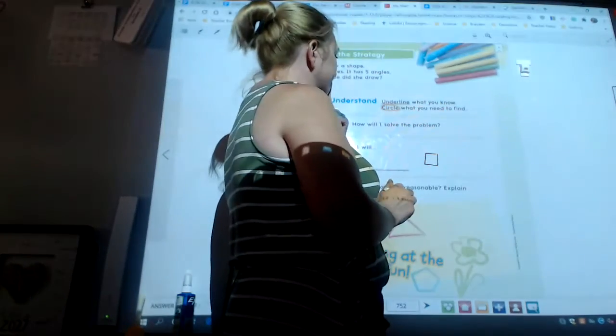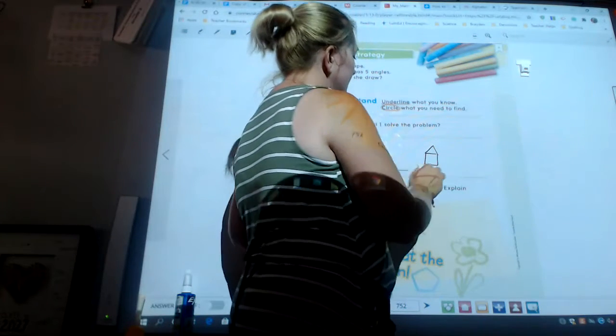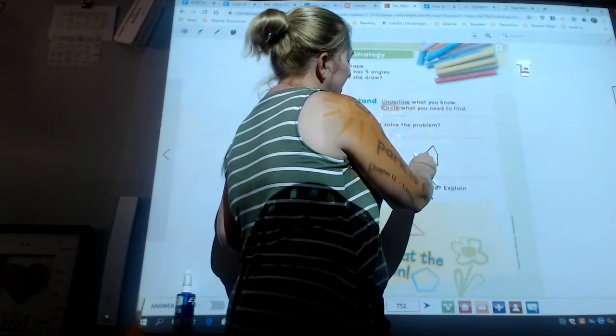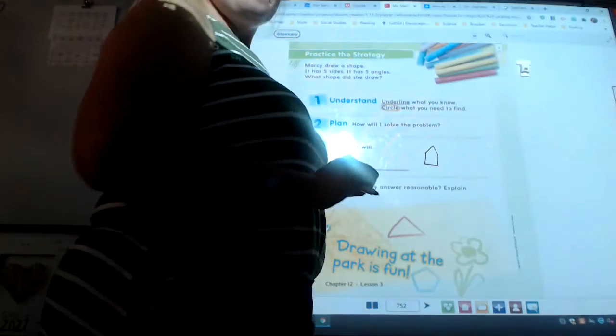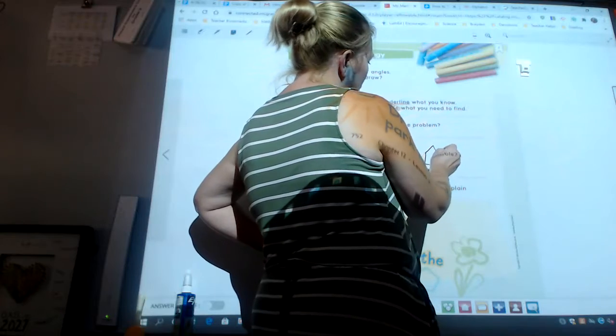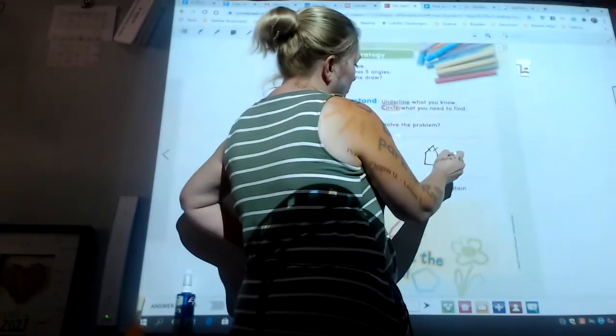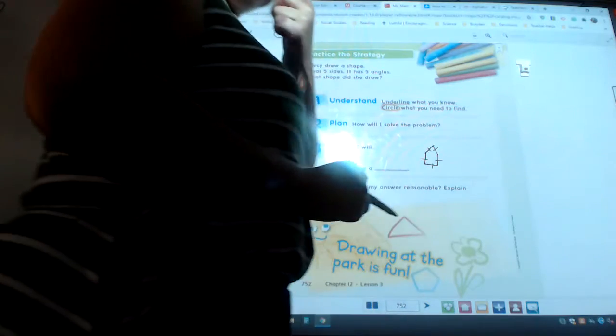All right. What if I do this and get rid of this? I have 1, 2, 3, 4, 5 angles. And I have 1, 2, 3, 4, 5 sides.